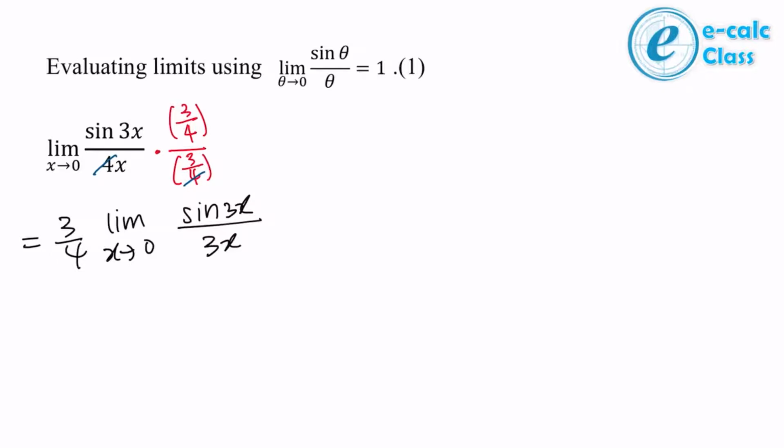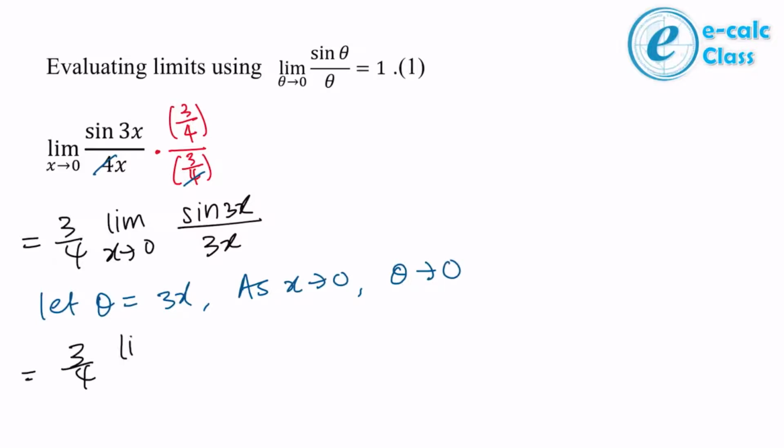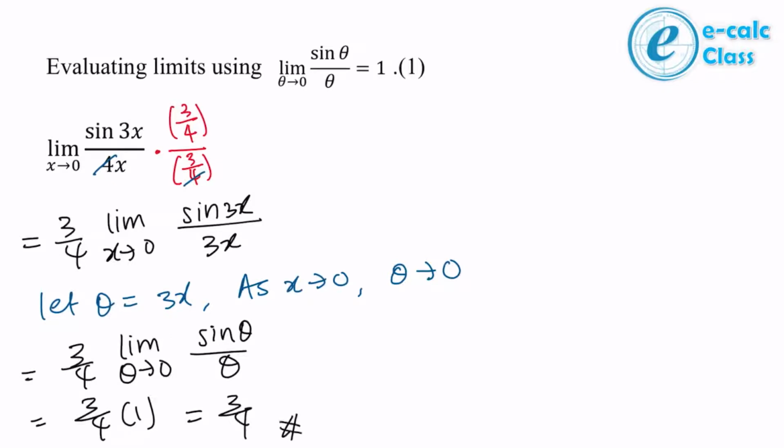Now you can use, let theta be 3x; as x approaches 0, theta approaches 0. So it will be 3 over 4 times the limit as theta approaches 0 of sine theta over theta, which is 3 over 4 times 1, which is 3 over 4. Finish. Very simple, isn't it? Just about how you manipulate your angle. Okay? Then the next one.